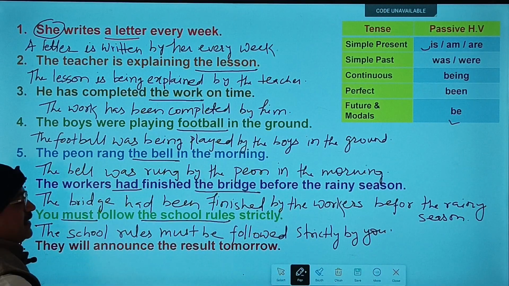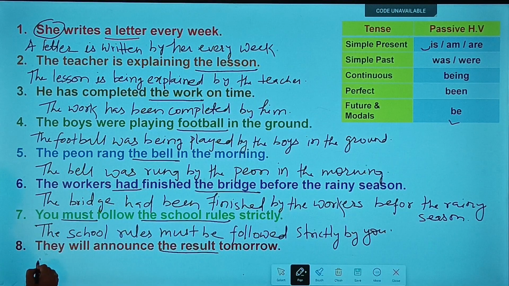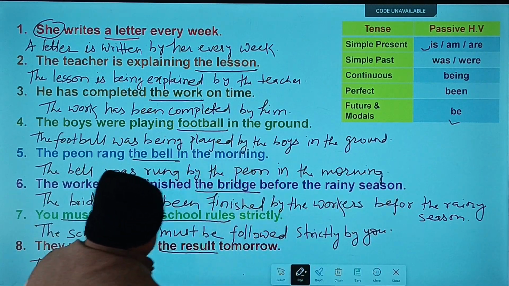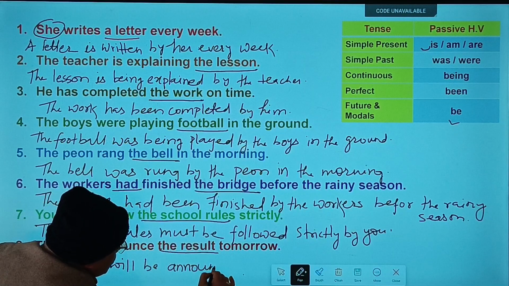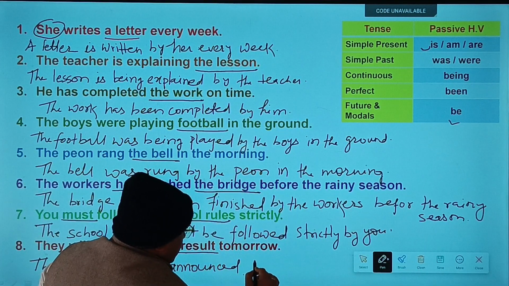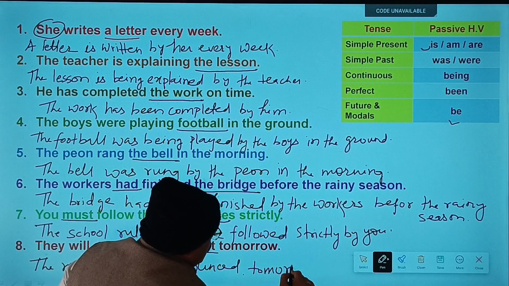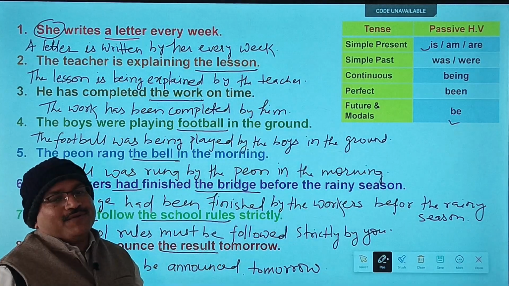They will announce the result tomorrow. What is the object? It comes first. The result. Now, future tense will, so be: the result will be announced by them tomorrow, or you can write it without the agent: the result will be announced tomorrow.